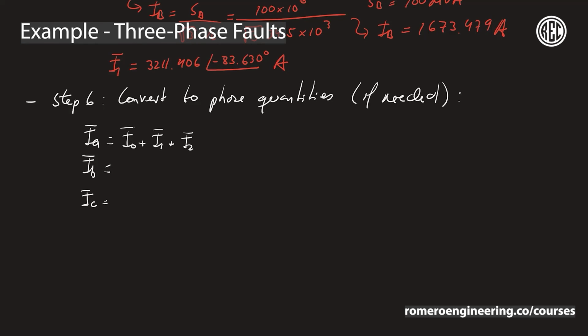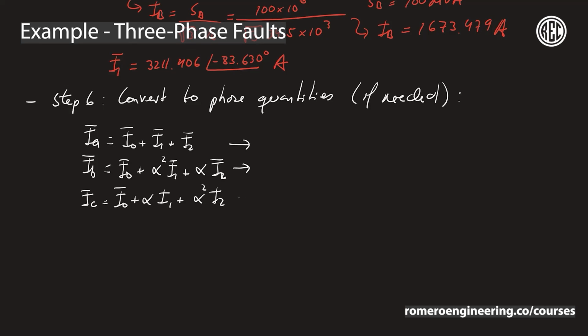The B phase is going to be equal to I0 plus A squared I1 plus A I2, and again I'm saying A, but some books use A for this operator over here. Some books use alpha for that. I'm going to use alpha instead. So IC then is equal to I0 plus alpha I1 plus alpha squared I2.